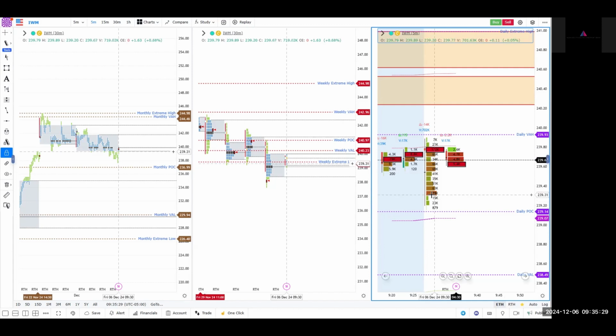Let's see, two was it 239.20. So that area grew from 109 to 132. I can't say that I understand pricing right now.